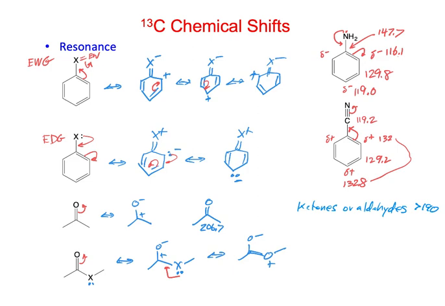And if we have groups that have oxygens or nitrogens, things like esters, carboxylic acids, amides, those are usually in the 165 to 180 range. So we can tell the difference between ketones and aldehydes and the rest based upon that.